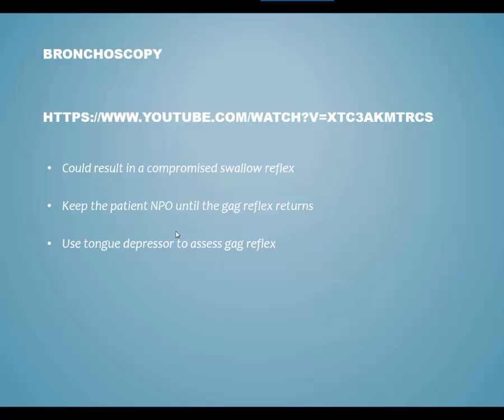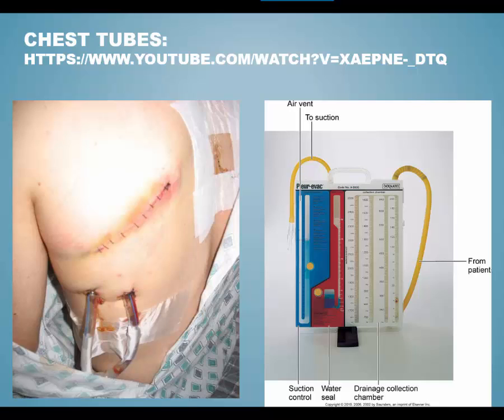An important concept with any procedure that goes down the throat is that the patient may have an impaired swallow reflex and will be NPO until tested to see if they have an adequate gag response prior to eating or drinking anything. Another invasive procedure is the placement of a chest tube, and there is a video to help you understand some of the risks involved in that.